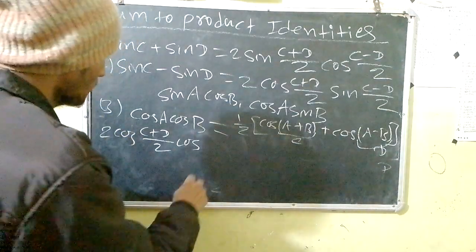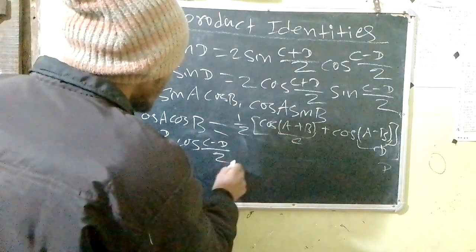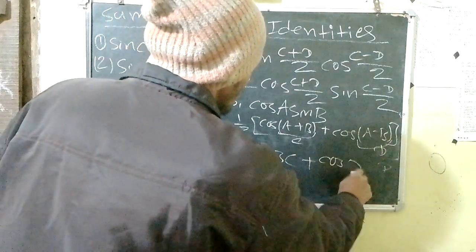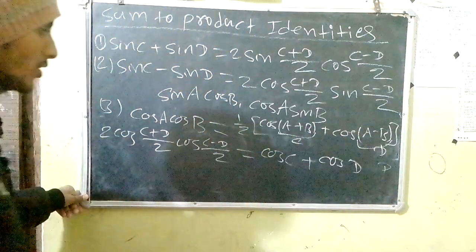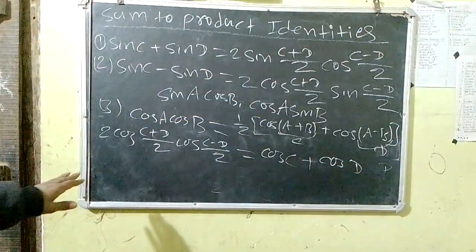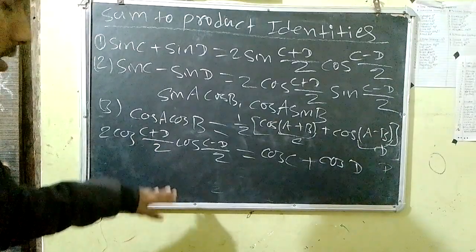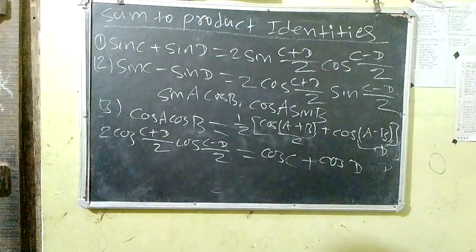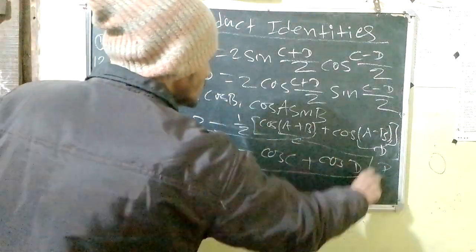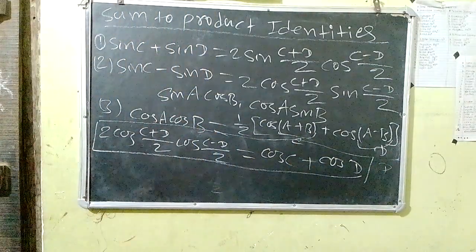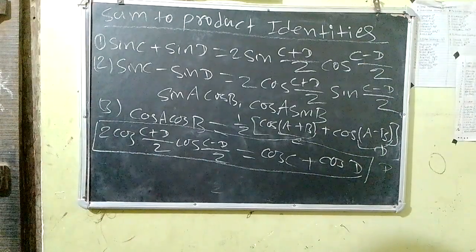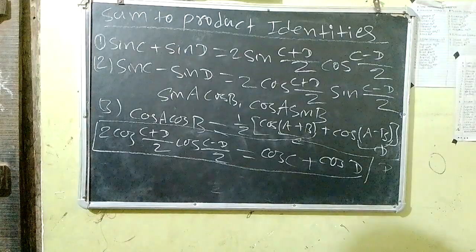And B will be C minus D over 2, and this is equal to cosine C plus cosine D, because this is going to be C and this is going to be D. Turns out that cosine C plus cosine D is going to be equal to 2 cosine C plus D over 2 times cosine C minus D over 2, and this is the result that we want. So this is the result that we were looking for.